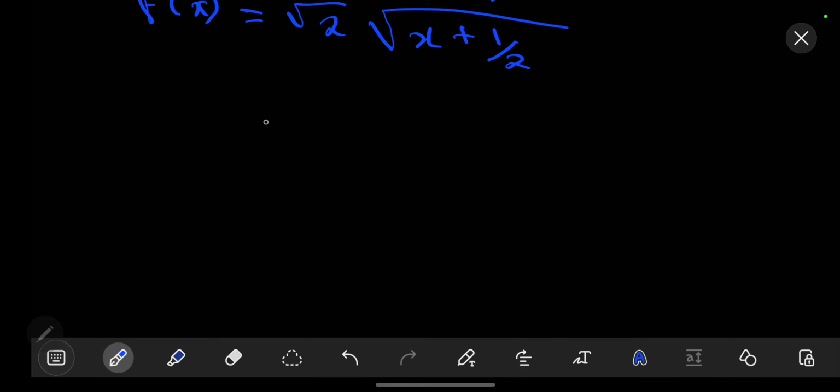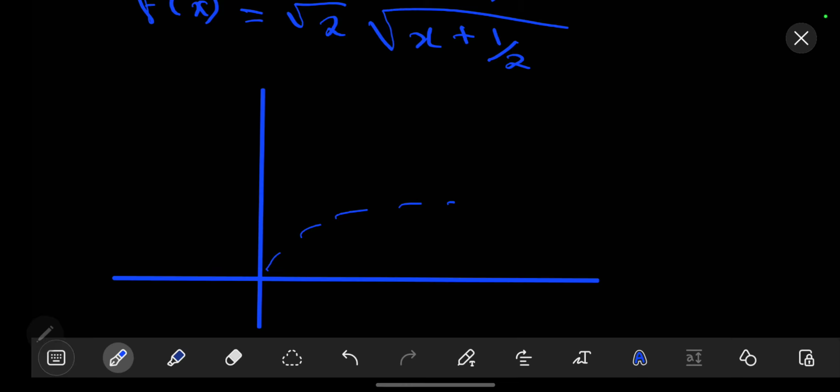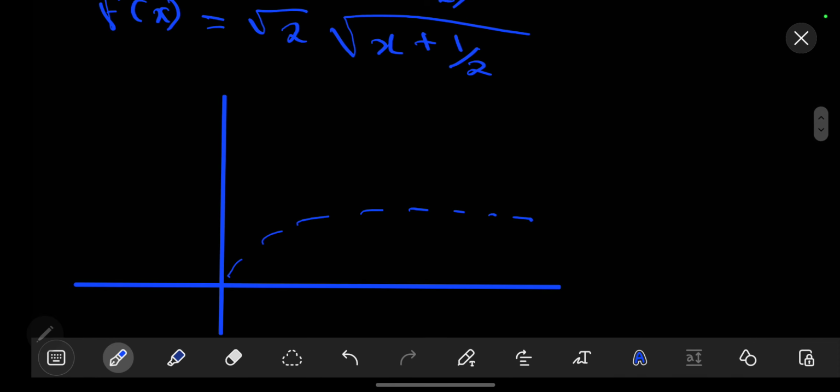So we have our graph looking like this. Then our mother graph, not forgetting it, is y equals the square root of x. Then from here, we are going to graph x plus half. What is x plus half?